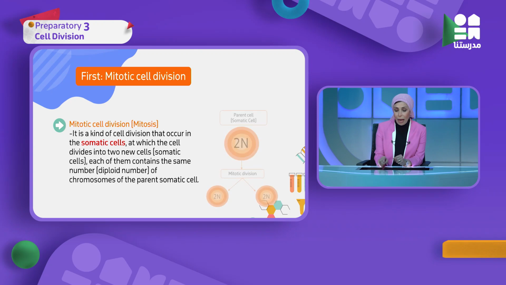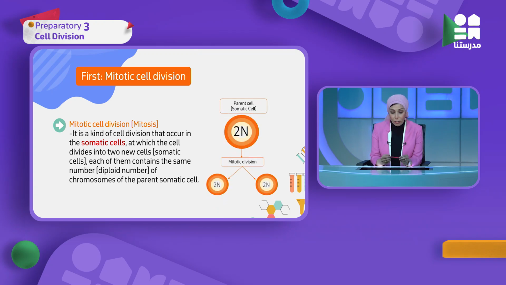How does it happen? Look here at this diagram. Every somatic cell, I said, contains 2n, the diploid number of chromosomes. After the mitotic division, more cells are formed. I started with one parent cell only. After the mitotic division I ended with 2 cells, each cell containing how many chromosomes?